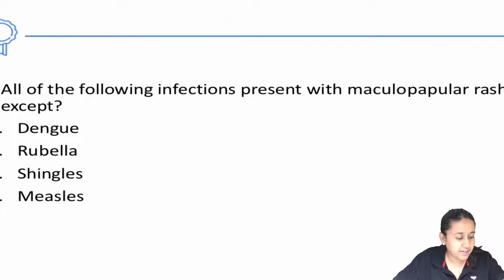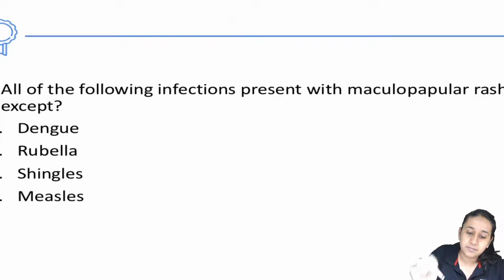What is the correct answer? Anybody can tell me here? Very nice. Please remember, in all of them, they have presence of maculopapular rash, but shingles, which is the another name for herpes zoster.